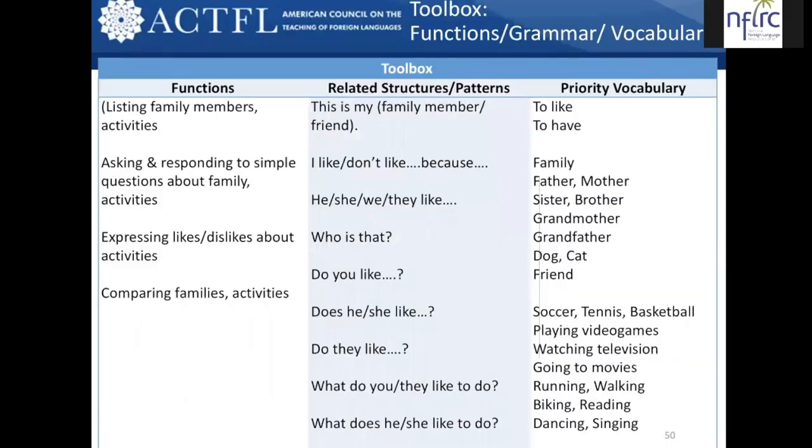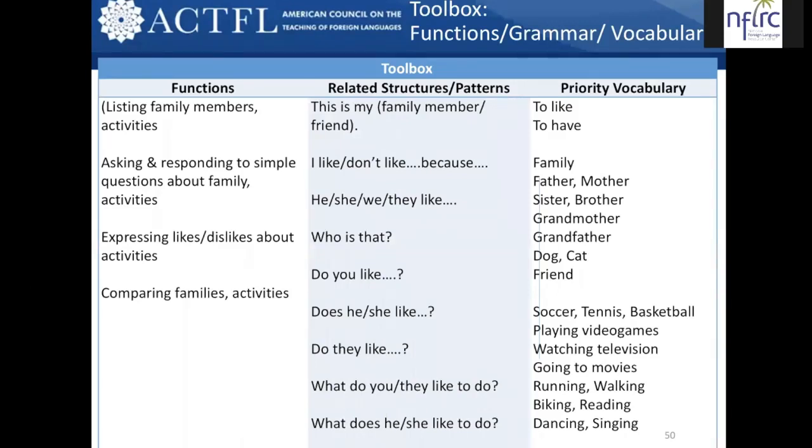So as you can see here, I'm going back to sharing with you the example from Laura Terrell. You can see that she's listed functions of asking and responding to questions, expressing likes and dislikes. Again, the functions are driving the instruction because that is the measure of a language learner.